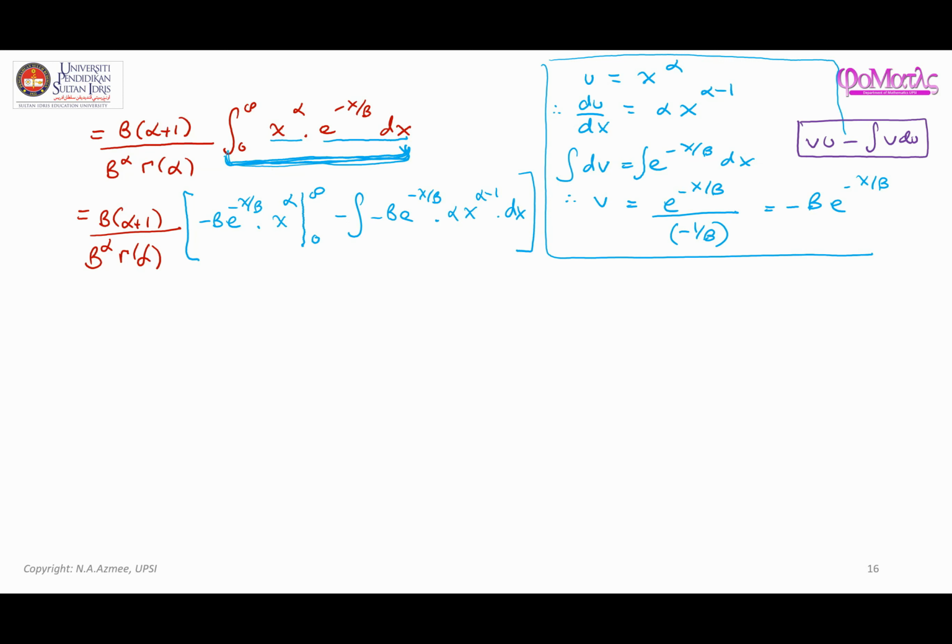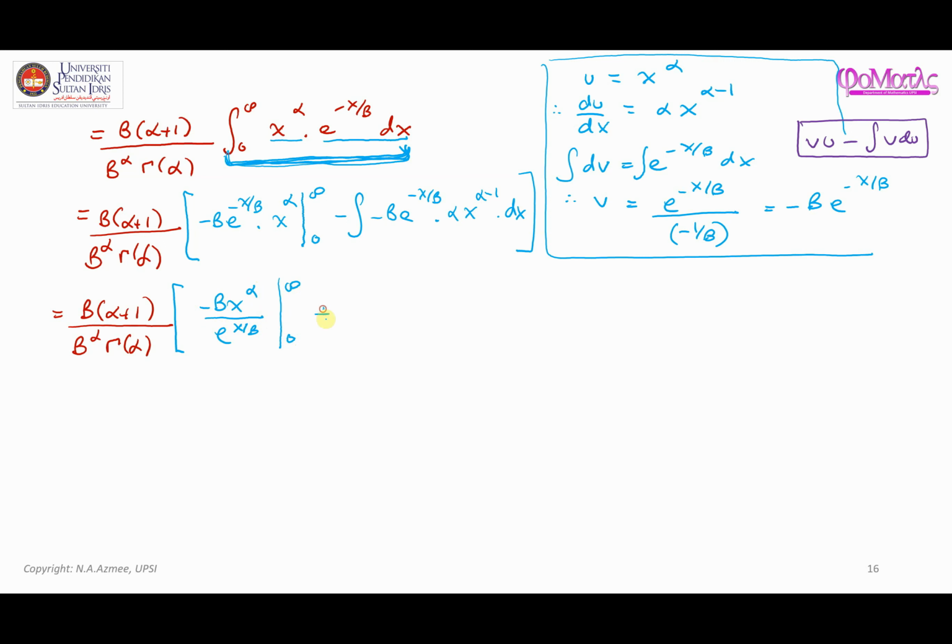Now let's simplify what's going on in these blue brackets. Here we have 1 over beta to the alpha plus 1, times 1 over beta to the alpha gamma of alpha. Now what's going on inside here is that this part can be written as negative beta x to the alpha e to the negative x over beta, evaluated from 0 to infinity.